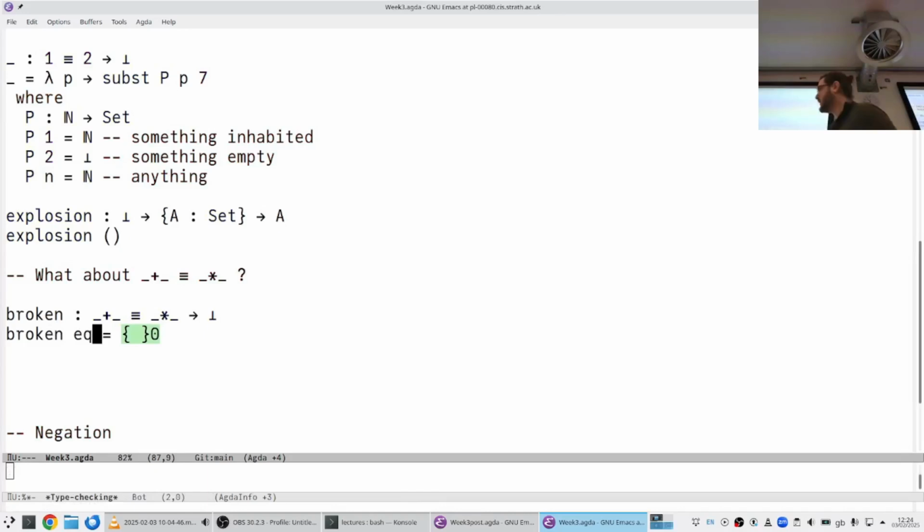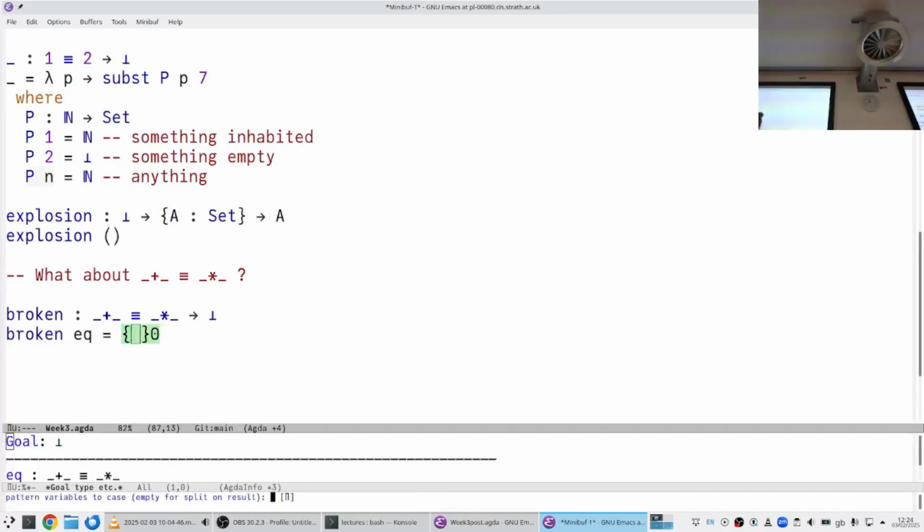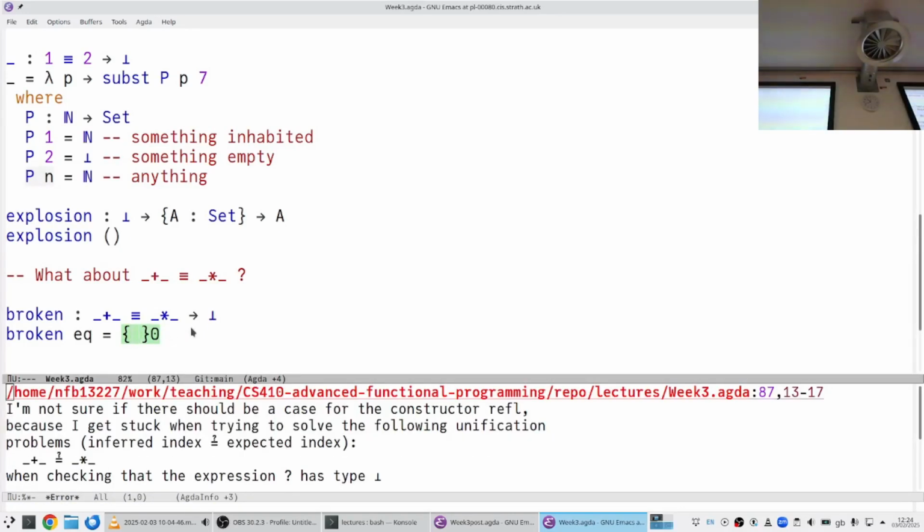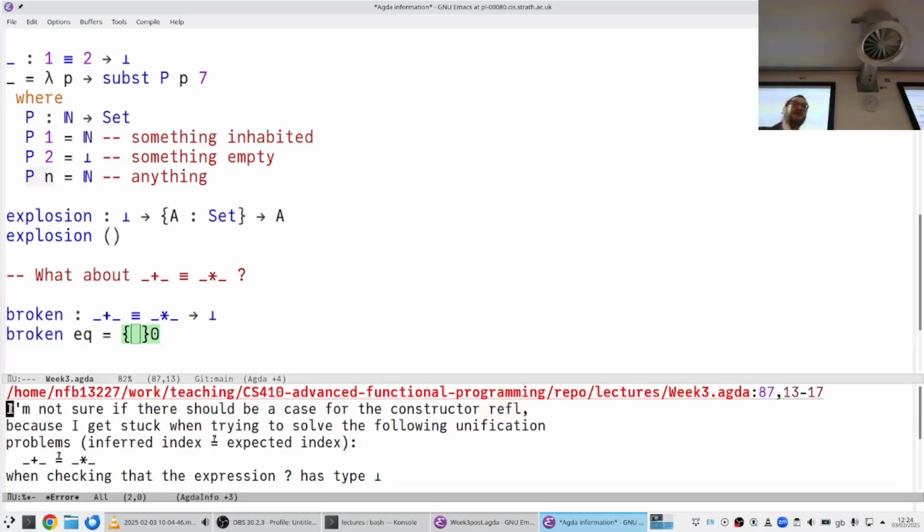And I'm getting the dreaded error message saying, well, I was trying to make sense of this thing to see whether the equality could be built using refl, but I'm not sure. They're just too different from each other. I have no way of either telling you that it's impossible or finding a way to make sure that they are equal to each other.